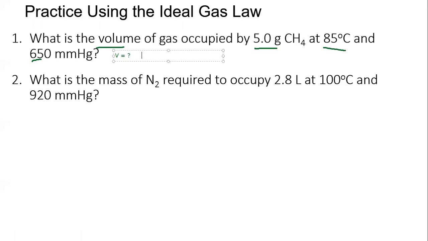If we remember from the ideal gas equation, PV equals nRT. So to solve for volume, V equals nRT divided by P. So if we know the pressure, we know the temperature, and we know the moles, we can calculate the volume. And again, the volume will be in liters.